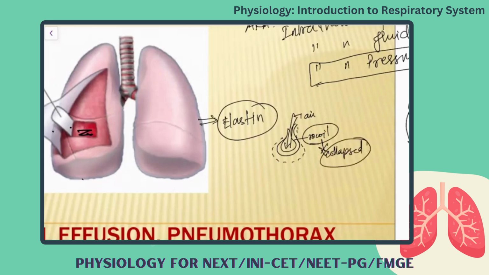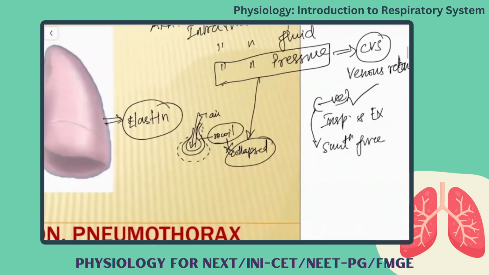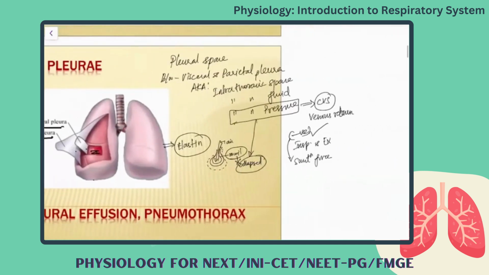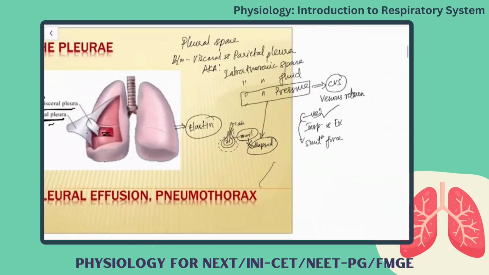Okay, but it is not collapsed. It was able to contract and relax and perform inspiration and expiration, but it is not collapsed. How? That is due to the intrathoracic pressure. So what is this intrathoracic pressure doing and how is it helping the lungs perform the function? This is the pressure present between the thoracic cavity and the lungs, in the pleural layer.